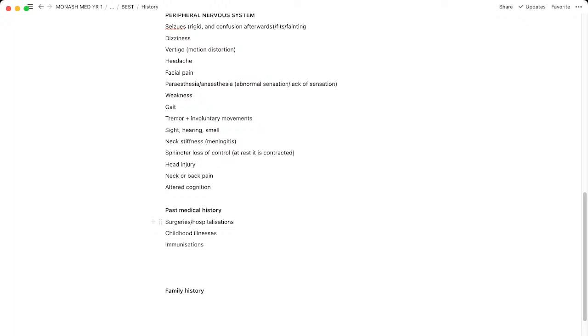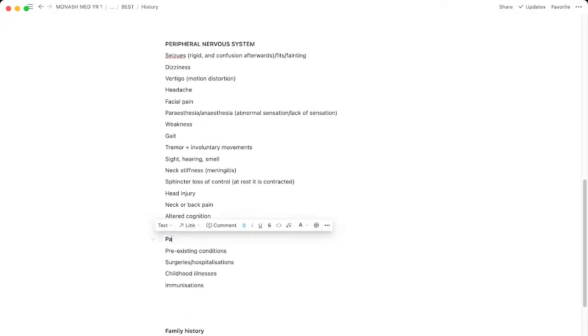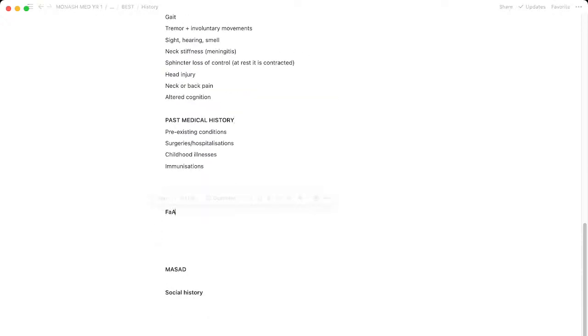Oh, pre-existing conditions. Family history. So it's just parents, siblings, children. Ask about ages as well, if anything happened.